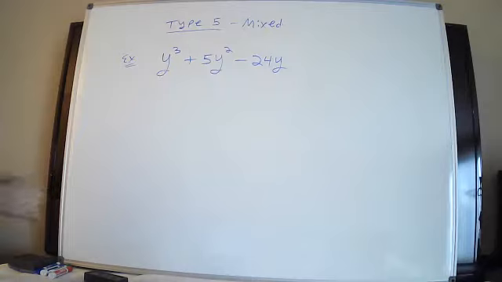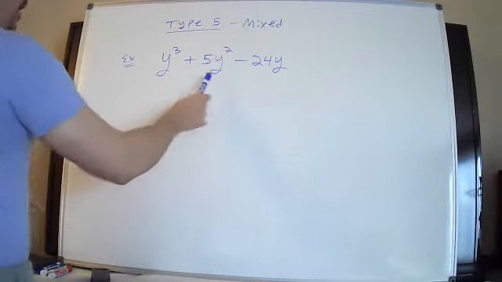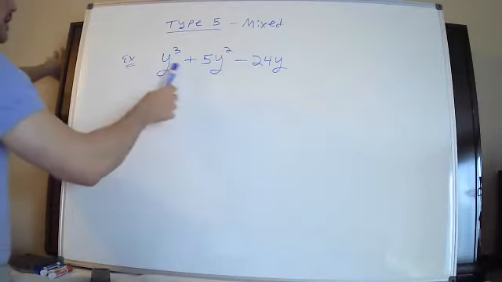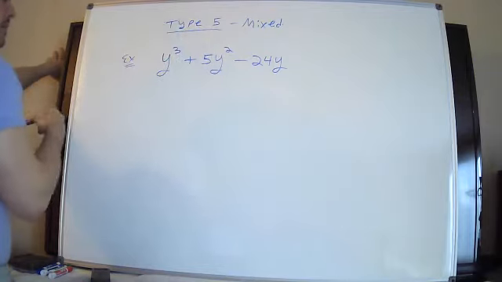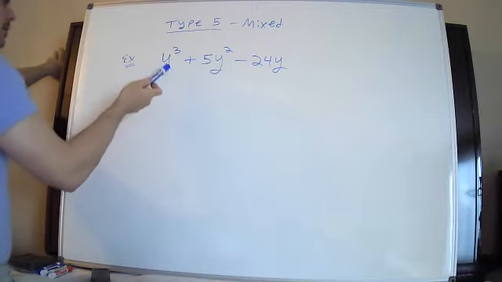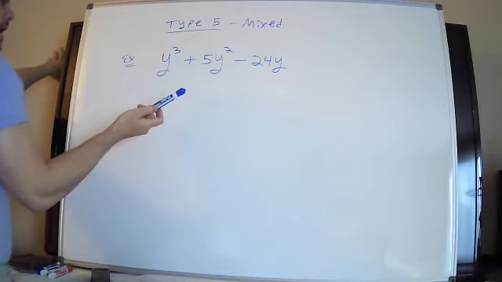All right, second example. You have y cubed, 5y squared, and 24y, and you're like, what? This is crazy. So again, it's hard to recognize sometimes which type it is. This is not type 2 because it's not y squared. And this is not a perfect square.